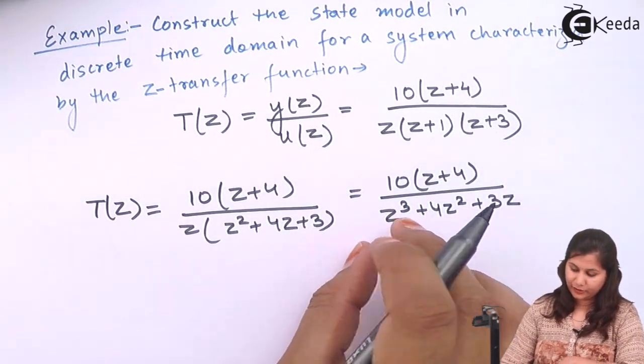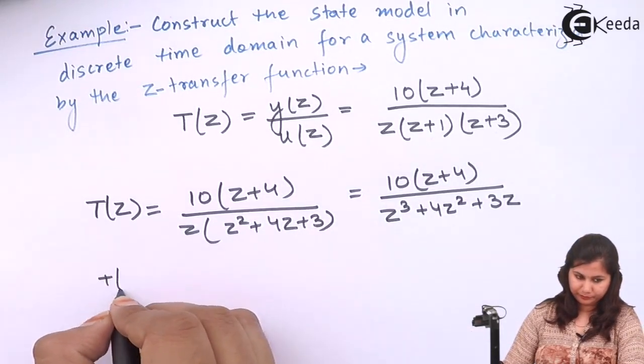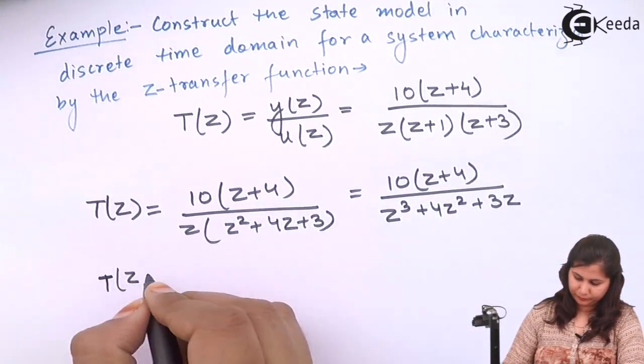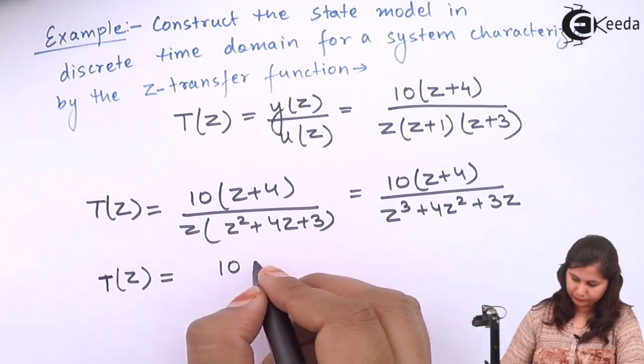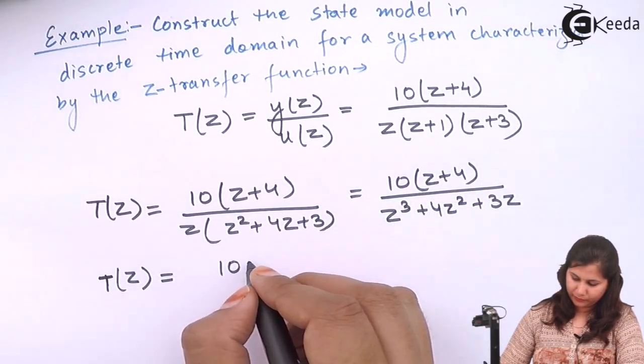Now take this Z cube common, and here take Z common, so it will be 10.